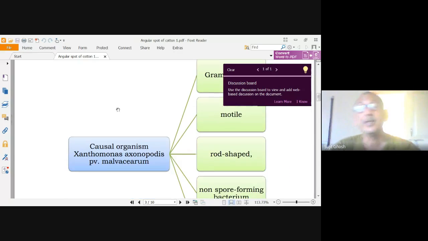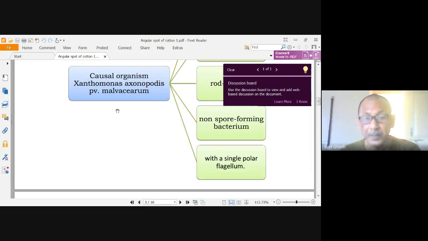Now, regarding the causal organism, it is a gram-negative bacteria capable of synthesizing some exopolysaccharide. It is rod-shaped with a single flagellum, and thus it is motile. It is a non-spore forming bacteria. These are the characteristic features of Xanthomonas axonopodis.